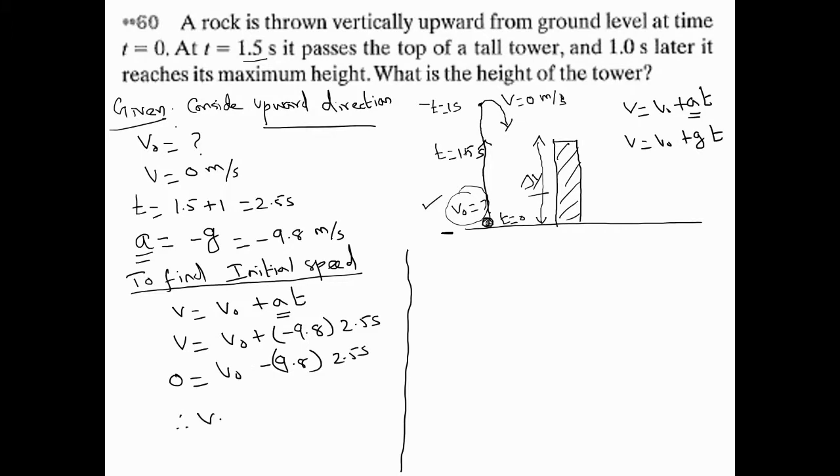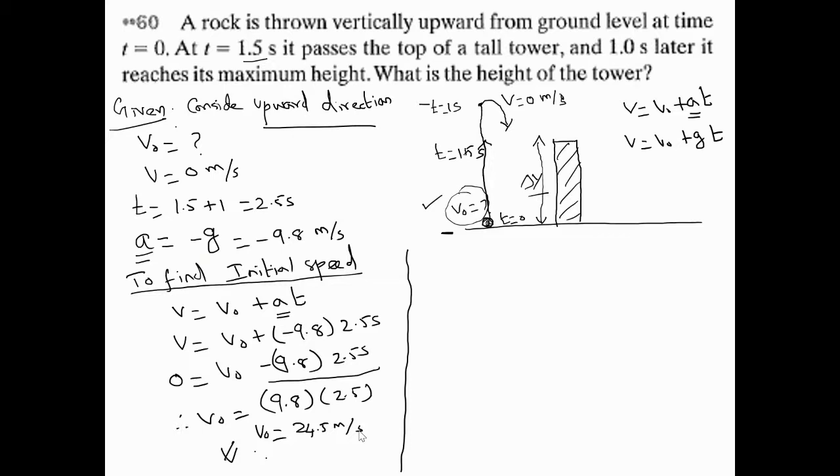Therefore V naught is equal to, when you move this term to the left hand side, this becomes positive. That means 9.8 multiplied by 2.5. When you multiply these, what you will get is V naught equal to 24.5 meter per second. It's clear?